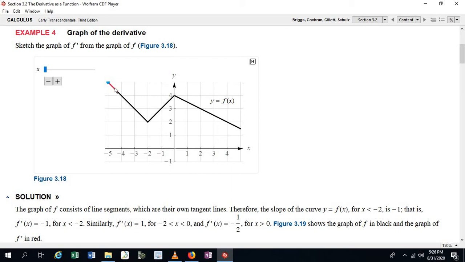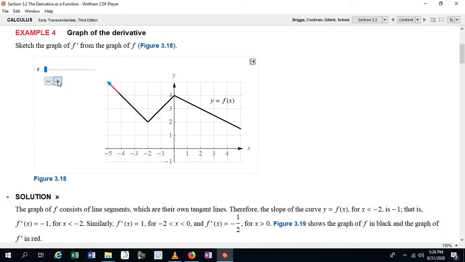Notice that for every one you run, you drop 1 unit. So your rise is -1. Rise over run gives you -1 over 1, and so this tangent line has a slope of -1. That means f prime evaluated at -5 is equal to -1.